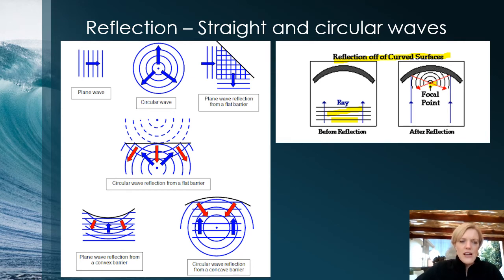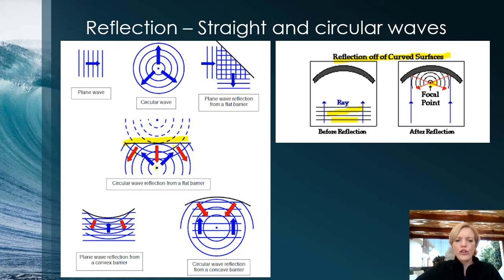Here we've got another example. We've gone through the plane wave reflection before, but here we've got a circular wave. The circular wave is hitting this barrier over here. Can you see how it's hitting over here, and then it gets pushed out towards this focal point and towards the end of the edge?